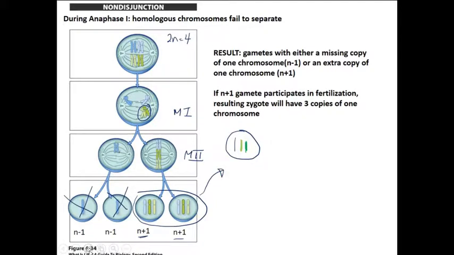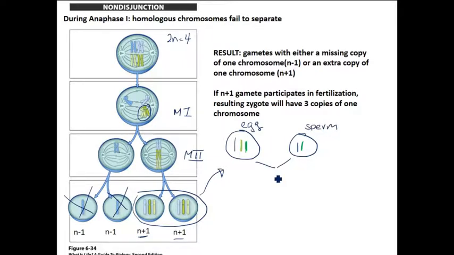So if that cell combines with a normal sperm cell, so we'll pick on the egg cell just because it most frequently happens with that. Okay, so we have 2 green ones here and 1 green one there. What we're going to end up with at the end, so we'll have fertilization. Let me label these egg and sperm.